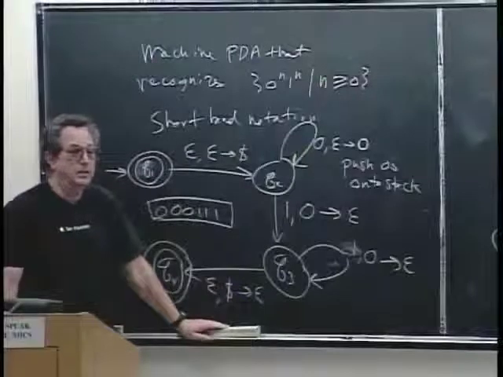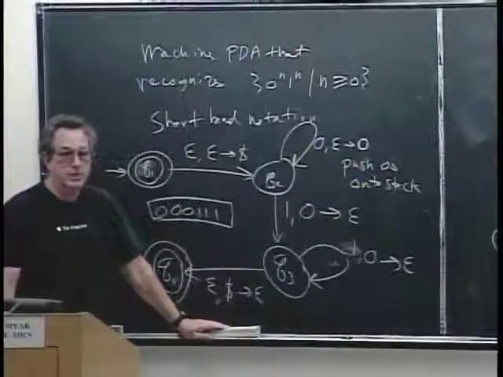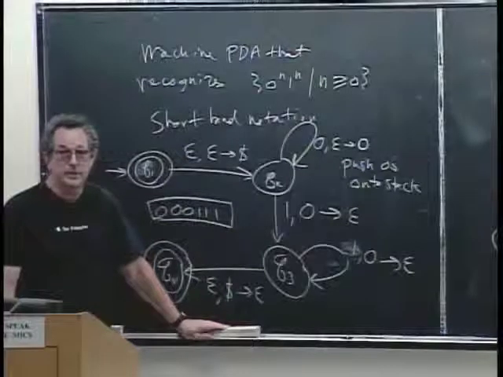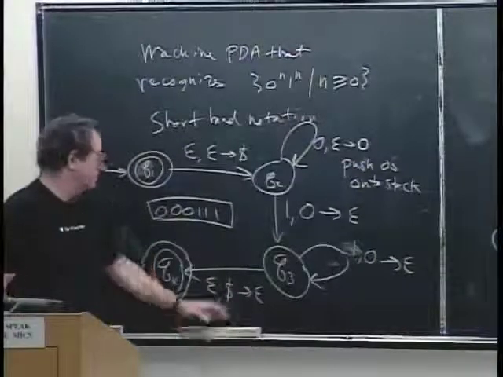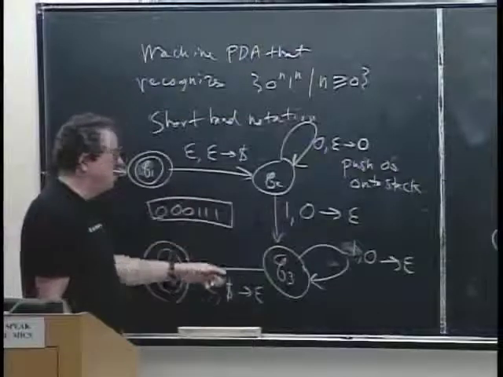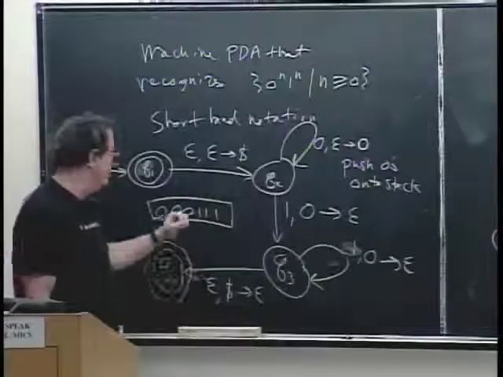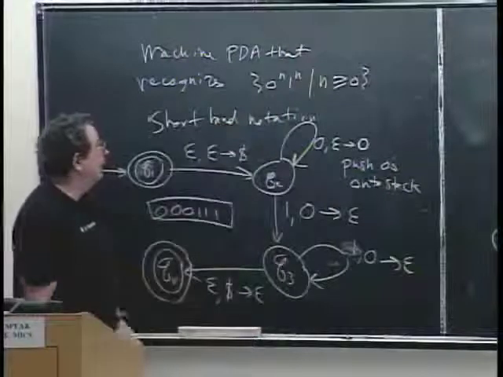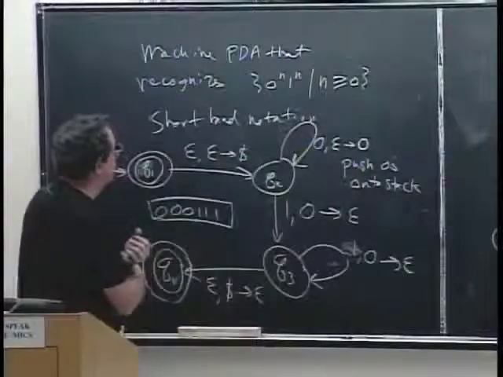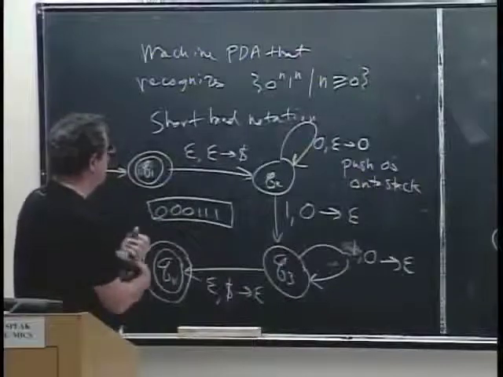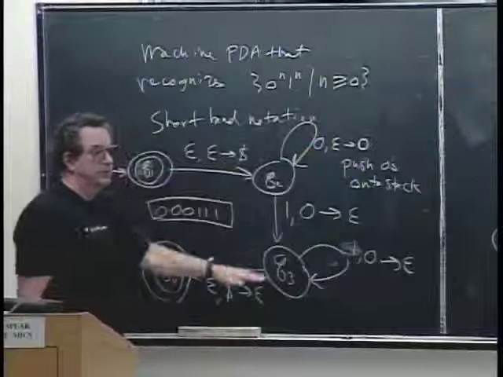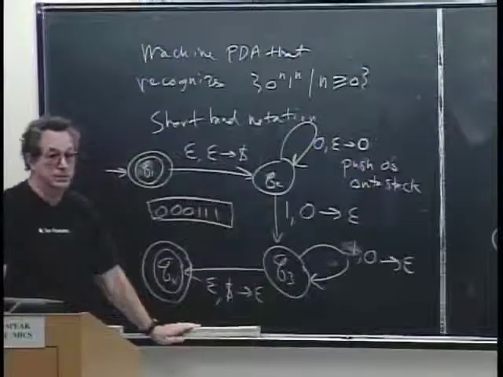But in an NFA, in a non-deterministic computation, all that's required is that at least one of the computations on that input accepts it. And that's what I'm arguing, that there would be a computation that accepts a string of this form. Okay. Now we have to try to convince ourselves that if the string was not of that form, then there's no computation in here that will end up accepting that string.